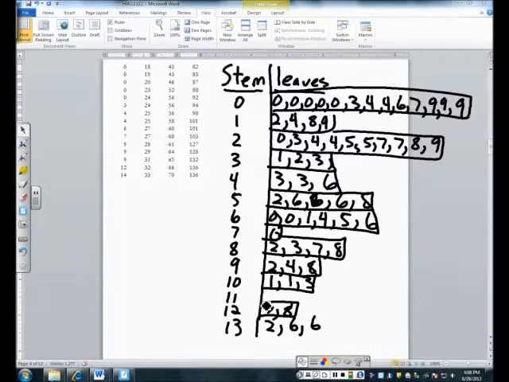And of course, later on we will wonder whether or not some of those higher values are outliers or extreme values. Could be. We'll figure it out. Again, if you turn your head sideways, that's going to look like a histogram, and maybe a little bit of skew down to the right.